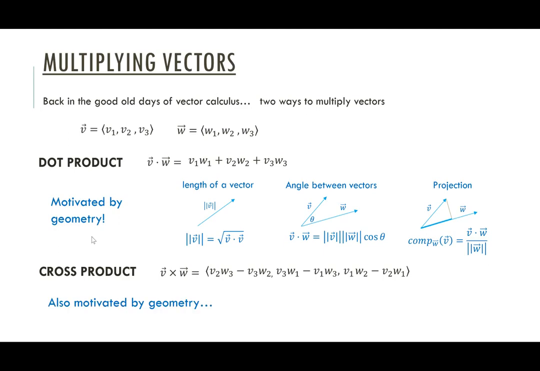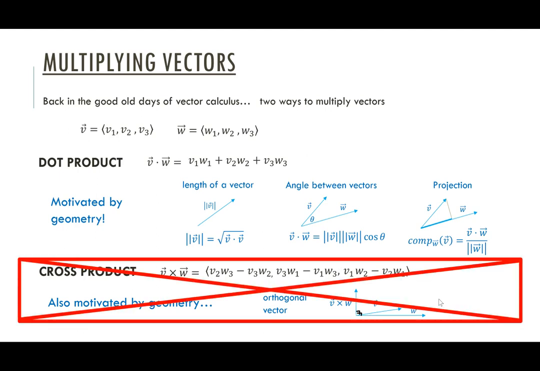Well, it was also motivated by geometry. Here, the motivation was actually in finding an orthogonal vector. So if you have some vector v and some vector w, and you, using the dot product, tried to find an orthogonal vector, this is the first one you would calculate. And to everyone's great relief, we will not touch the cross product in this class. You're welcome.